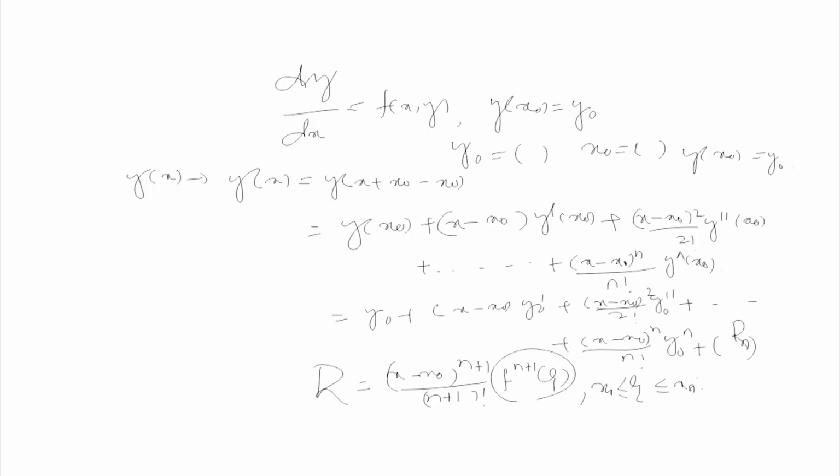Whenever we are interested in finding the values of y0 dash, y0 double dash, y0 triple dash and so on, we can proceed in the following manner. y(0) is nothing but y(x0), and y0 dash is nothing but f(x0, y0), since y dash of x is written as f(x,y).